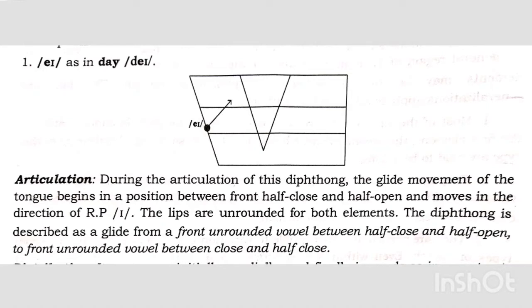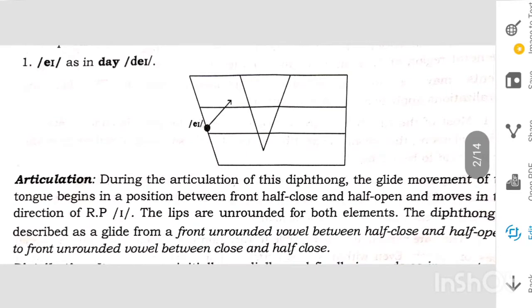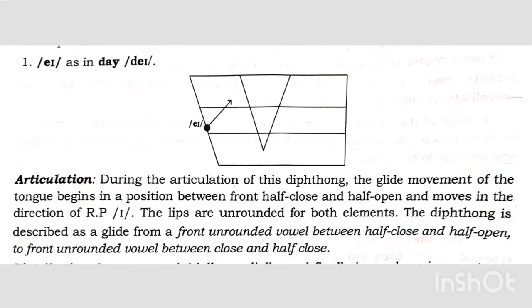Front half close, this one, and half open, and moves in the direction of the RP E. Okay, so here is A and here is E. Here there are 2 positions, elements, A and E. Okay, so this is how the direction goes. You can see that arrow mark.